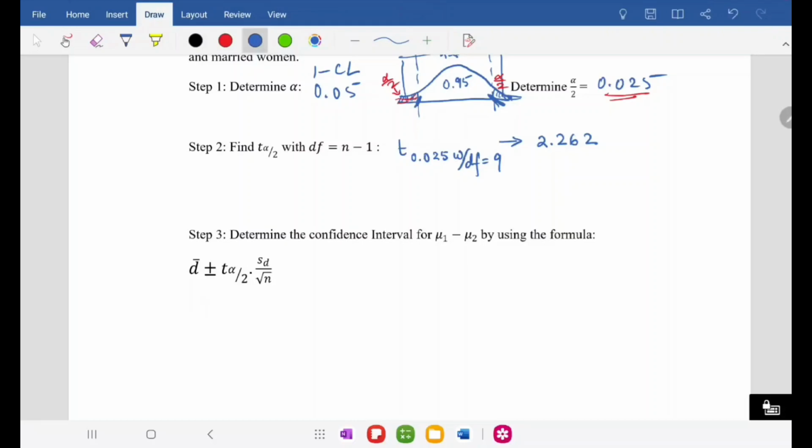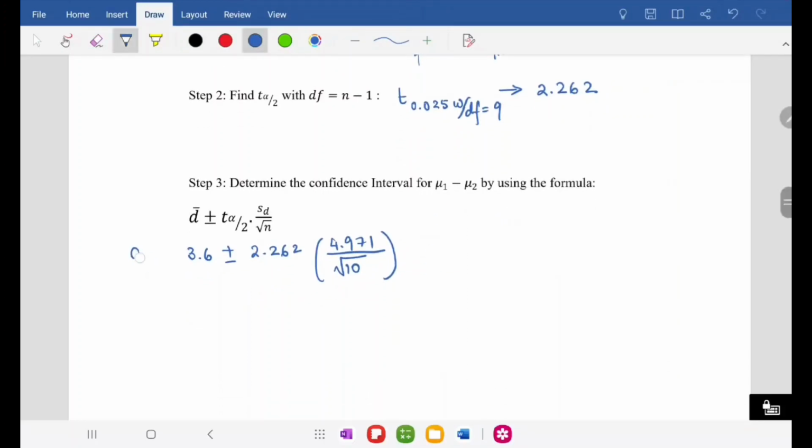Now that we have our t of alpha by 2, you just have to plug into the formula. This is the formula for the confidence interval. D bar was 3.6 plus minus t of alpha by 2, which is 2.262. We found our standard deviation. Again, just backtrack to see how we found our standard deviation. So S sub D is 4.971 divided by the square root of n, which is 10.